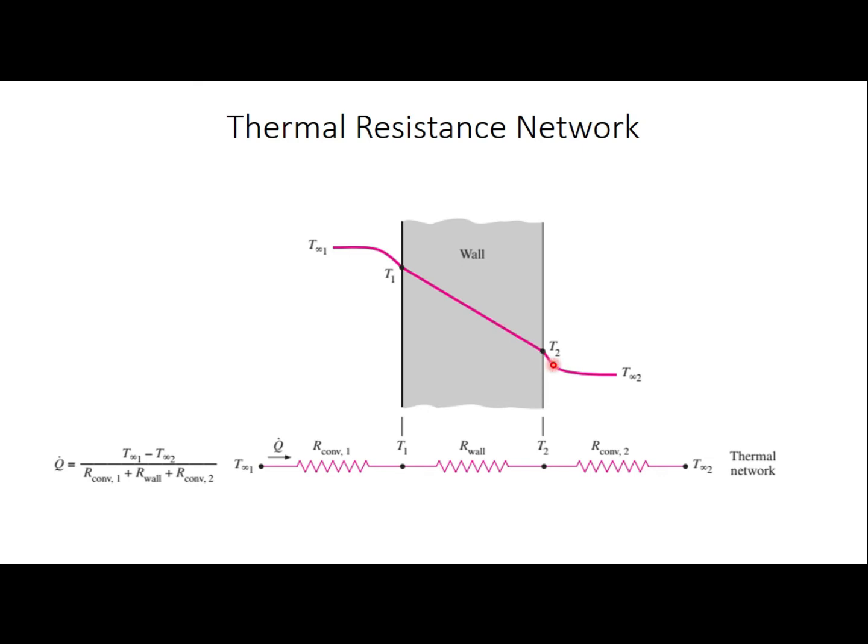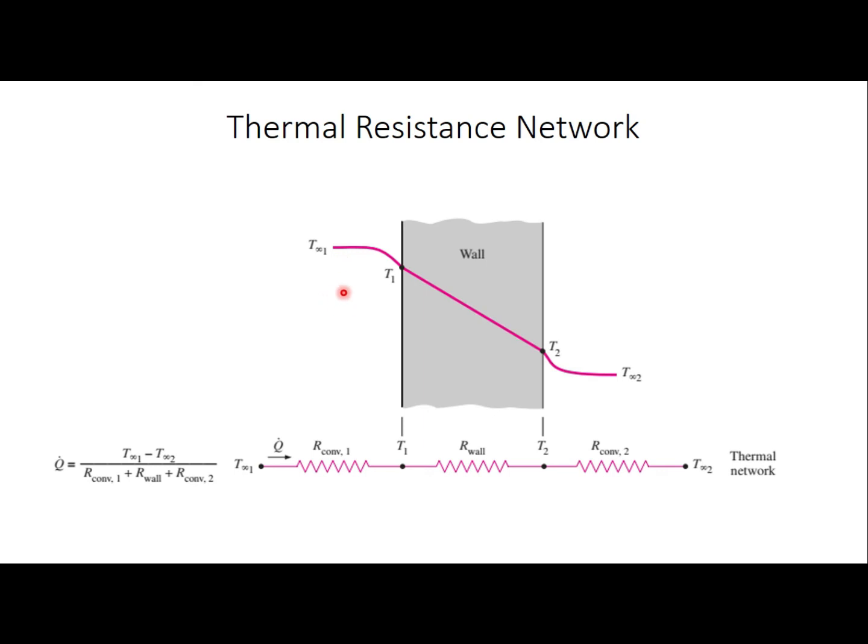On the right hand side the wall temperature is T2, which is far less than the previous temperatures, and the temperature far away from the right wall is known as T infinity 2, which is the minimum temperature compared to all other temperatures, right?